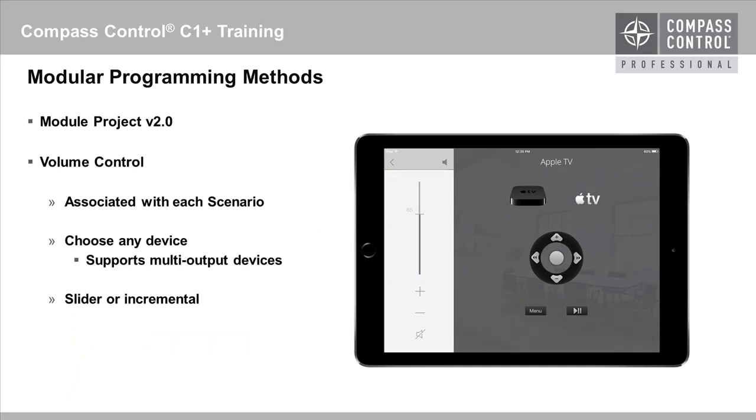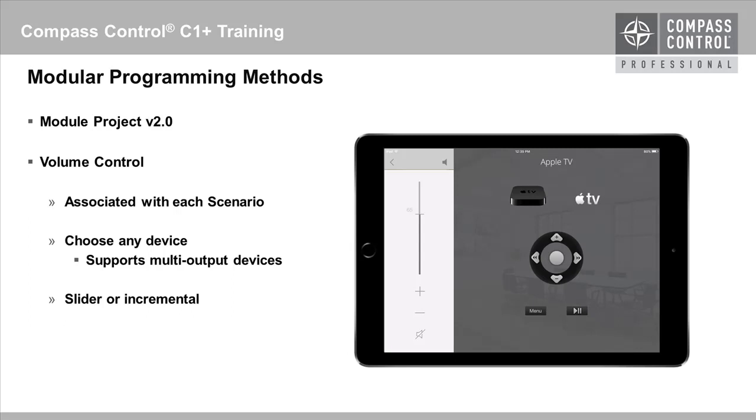Lastly, you may be wondering, what about volume? Well, volume is associated with each scenario. So within each scenario, you could have a unique volume device or a unique output of a multi-zone device if needed. You could choose whether your slider should be visible or if it's just incremental control, like if a television, if a display is my volume device within a scenario, then it's just going to be plus, minus, and mute.